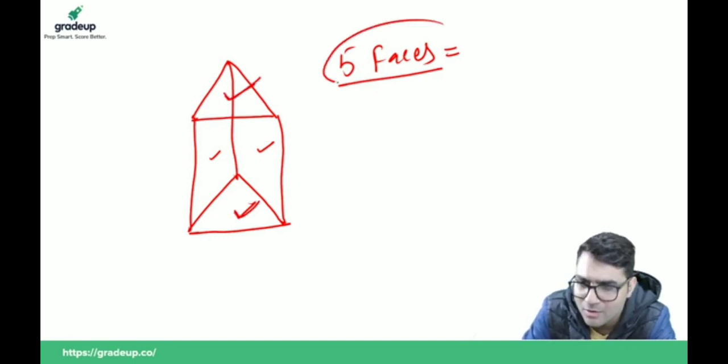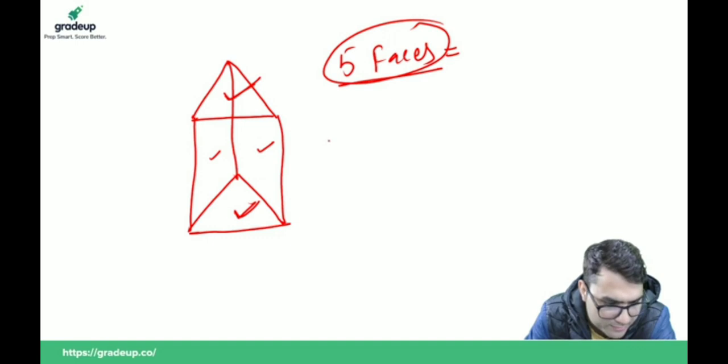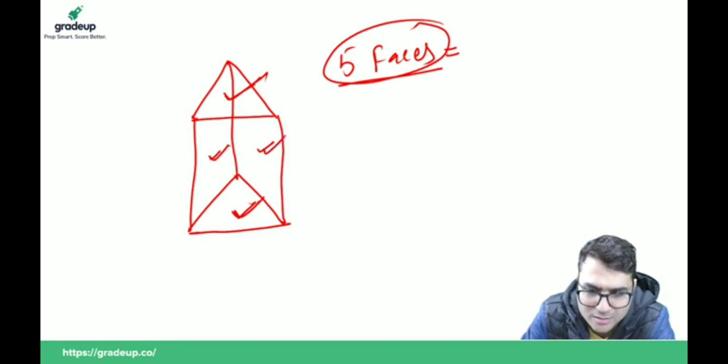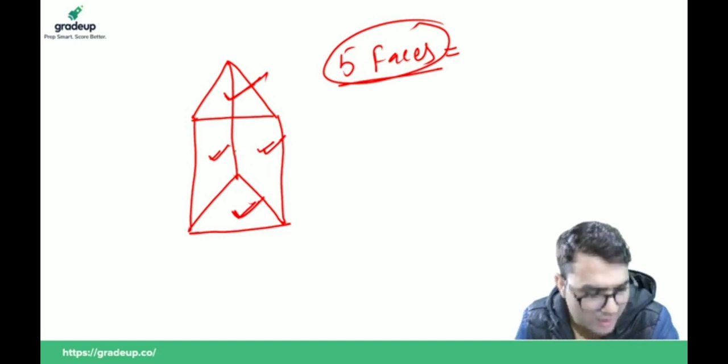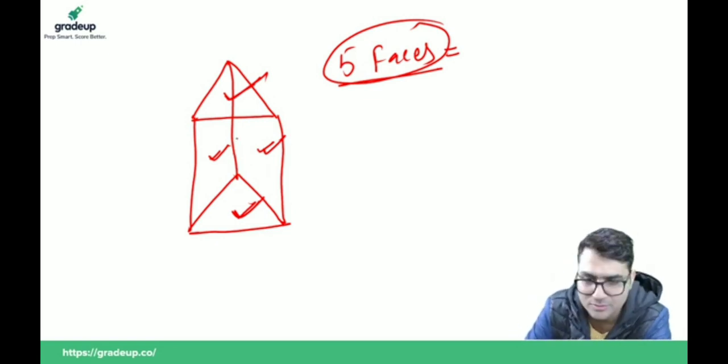So there are a total of 5 faces. Is it okay, guys? It is difficult to interpret the 3D figure because one face is this, two are this, and one is on the back side.